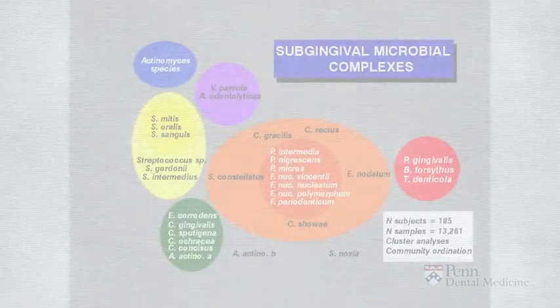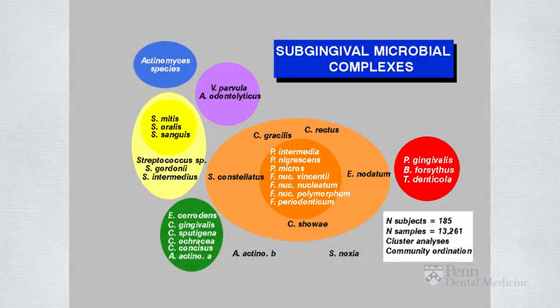It is important to remember that the human fetus is actually sterile, but bacteria are acquired after birth, and there are more than 500 species of bacteria which establish residence in the mouth. It is also important to remember that most bacteria are beneficial, but several have been identified as pathogens.